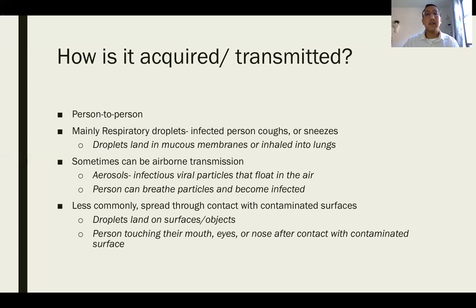Less commonly, they say that it can be spread through contact with contaminated surfaces. In this instance, the respiratory droplets, when a person sneezes or coughs, might land on surfaces or objects, and there is a possibility that a person, after touching those contaminated surfaces, can touch their mouth, eyes, or nose.